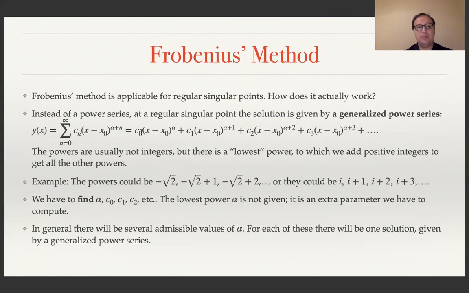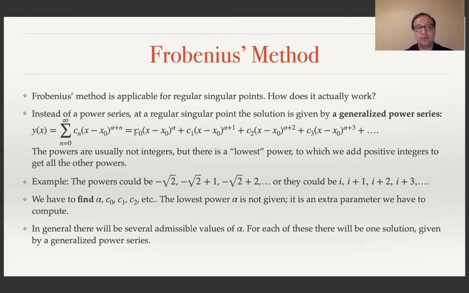So maybe the first power is x minus x0 to the alpha, next power is x minus x0 to the alpha plus 1, x minus x0 to the alpha plus 2, x minus x0 to the alpha plus 3. So this is an infinite sum of powers, but these powers in general are not integers, and they do not start with power 0.